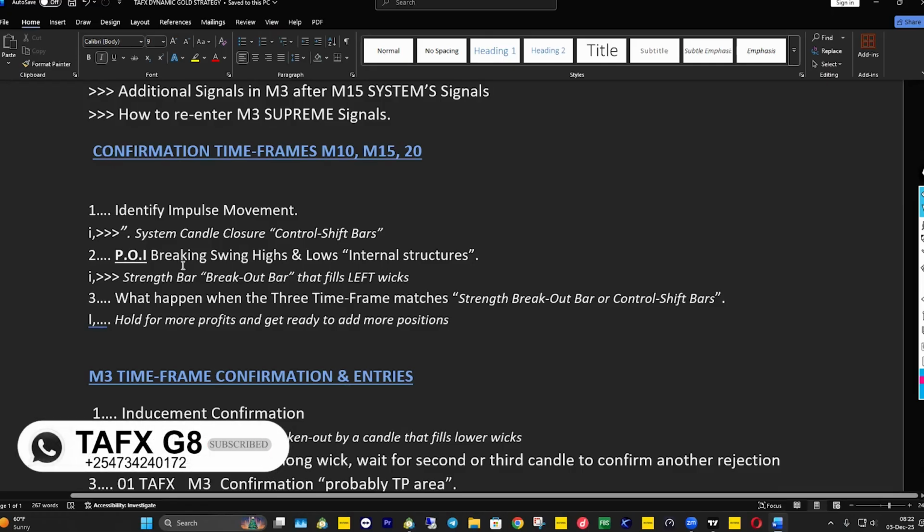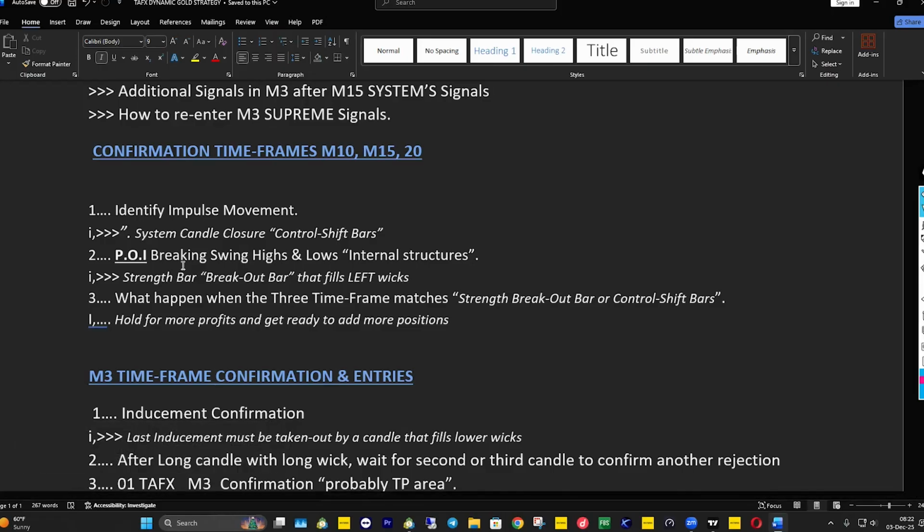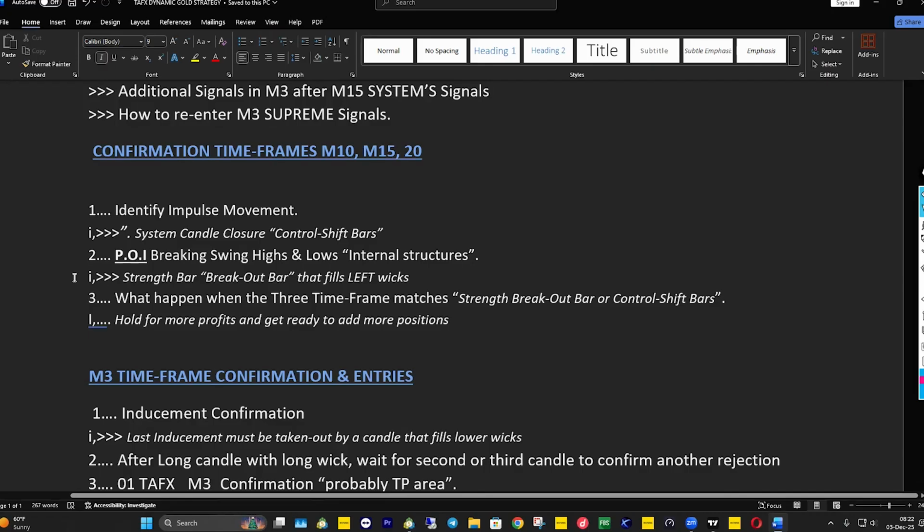There will be a lot of points of interest when there is a breakout in swing highs and lows. The strength bar in a breakout that fills the left wicks, that is the secret that you are going to learn, what these left wicks mean. Something that maybe you have never heard, but that is the secret.